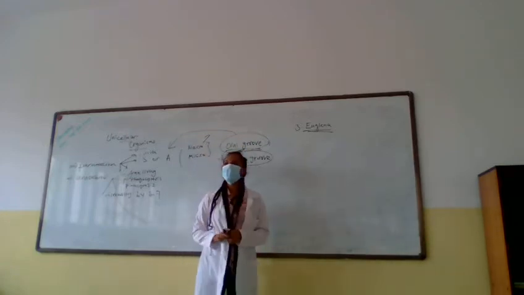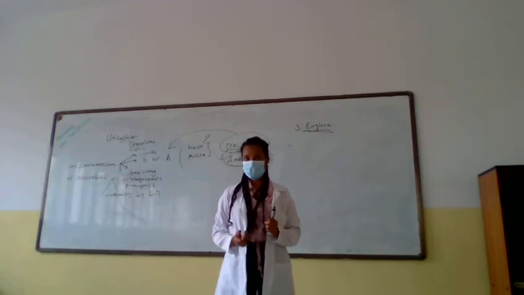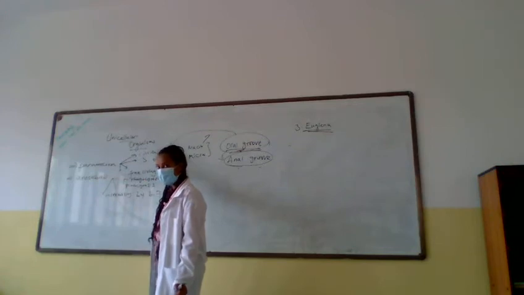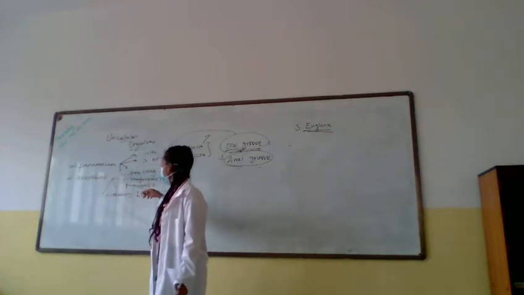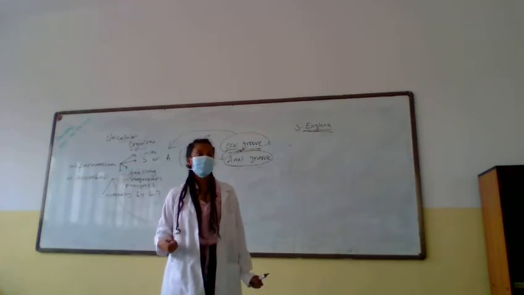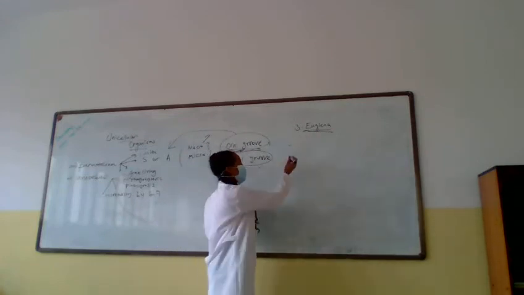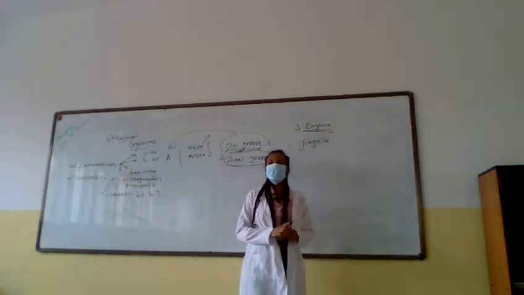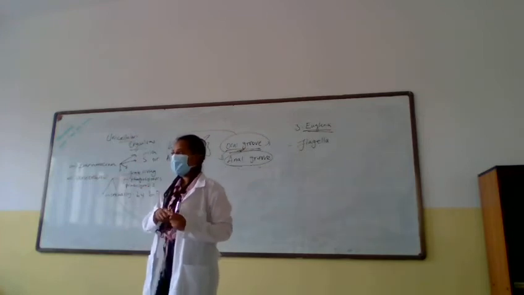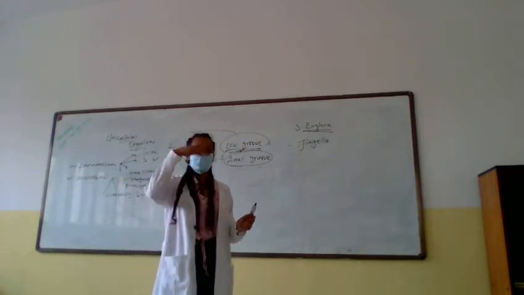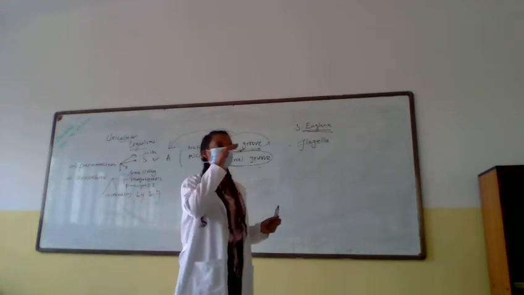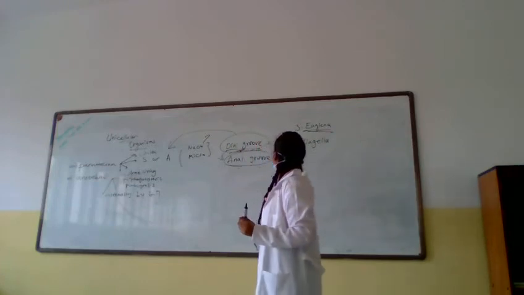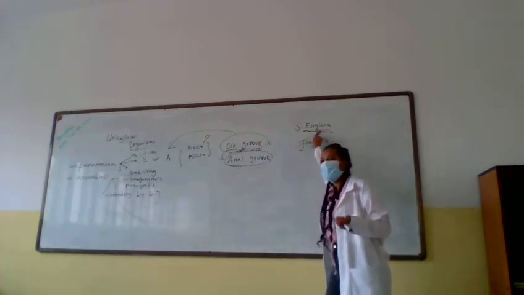And it uses a structure called flagellum for movement. Paramecium uses cilia for movement, and amoeba uses false feet or pseudopodia. But in the case of Euglena, they use flagella. Flagella is like a wing-like structure, and they create a wave-like motion, and they use the flagella for movement in Euglena.